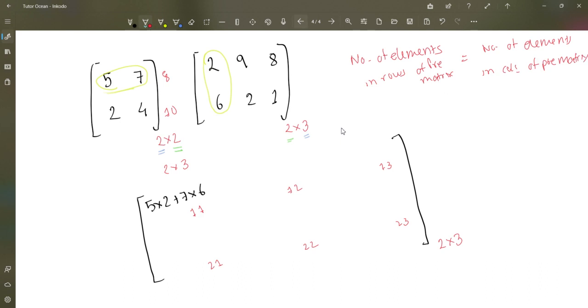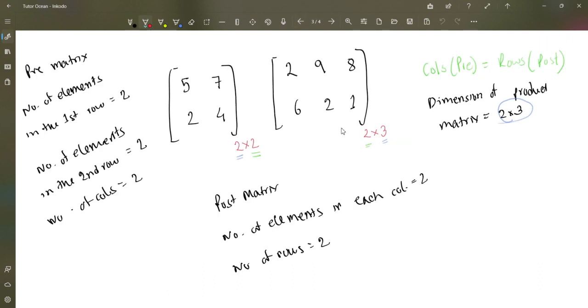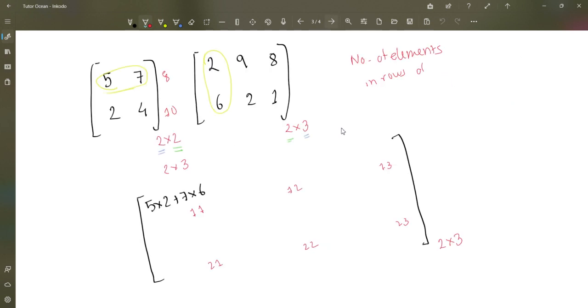And we just saw a few minutes ago that the number of elements in each column is the number of rows, and the number of elements in each row equals the number of columns. So this is where the precondition needs to be maintained.